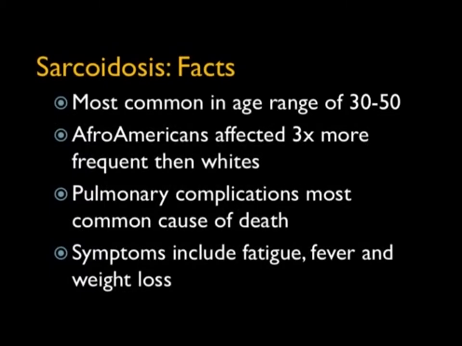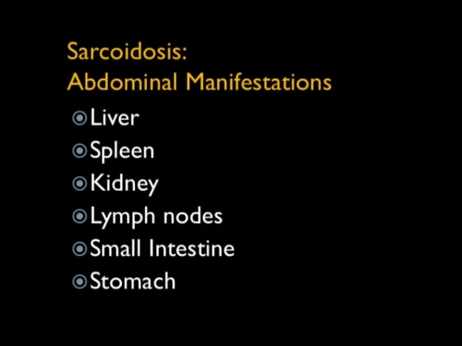So some of the facts about sarcoid: most common in the 30 to 50 age range, more common in African Americans. Pulmonary complications are the most common cause of death. And the patient's symptoms range from fatigue to fever and weight loss, so you can imagine why it's very easy to at least think about malignancy. Sarcoid commonly involves multiple areas in the abdomen.